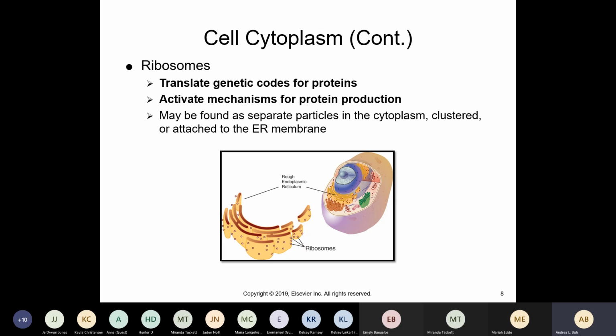Those ribosomes translate the genetic codes for proteins, and activate the mechanisms for protein production. I always tell my students, if you see ribosome, it's important in protein production. So it's always going to be associated with that. Ribosomes may be found as separate particles in the cytoplasm on their own, they can be clustered, or they can be found on the surface of the endoplasmic reticulum.